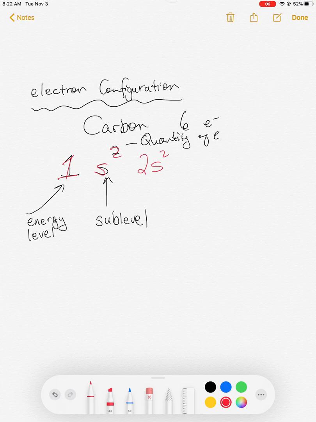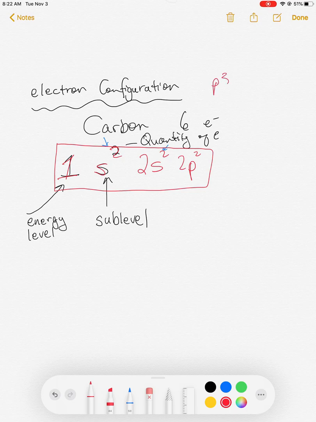So now we've got 2, 4 electrons, but we need to get 6 in there. So don't forget, we have a 2p, and we only need 2 there. Now, P can hold 6, but in this instance, it doesn't need to because carbon only has 6 electrons. So that is called carbon's electron configuration.